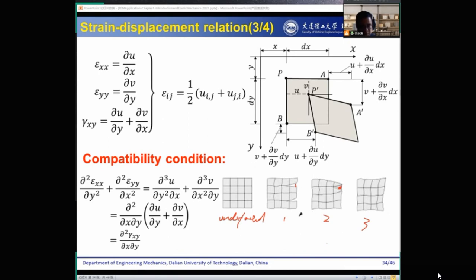So in order to avoid the occurrence of case 1 and case 2, we have to introduce the compatibility condition.